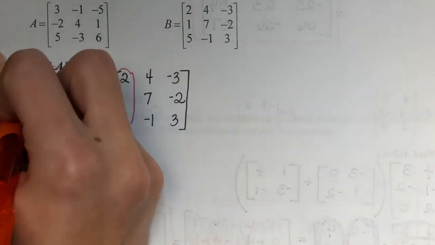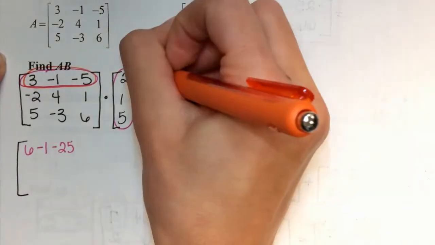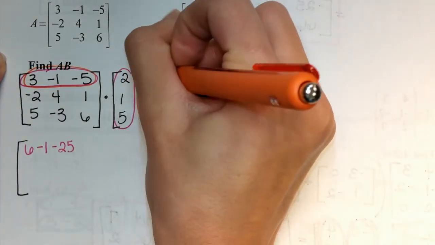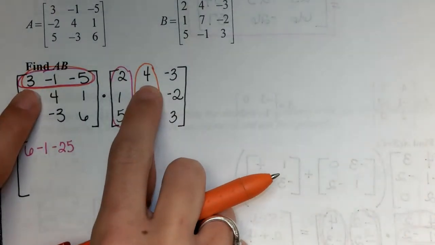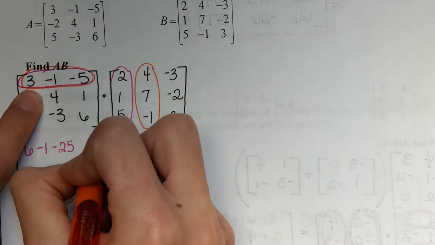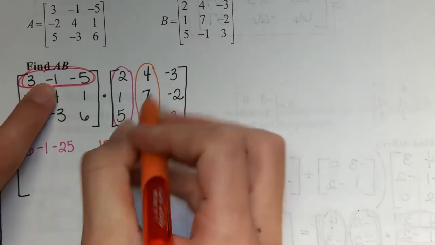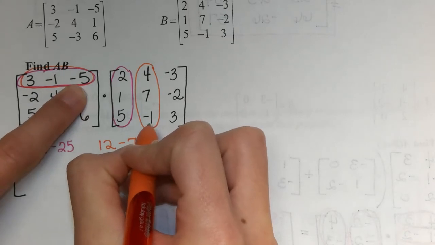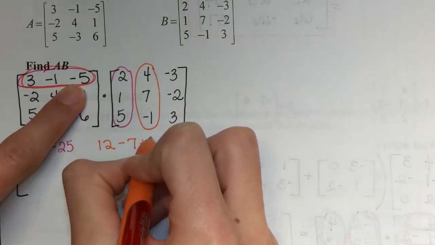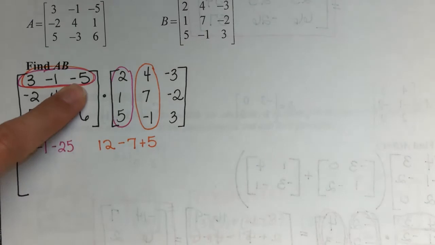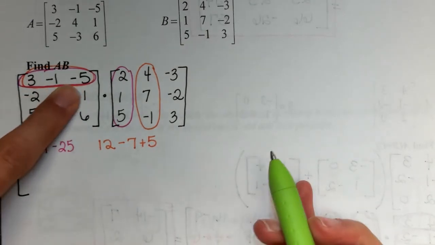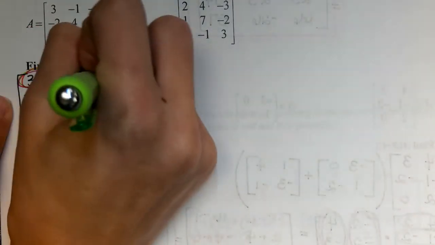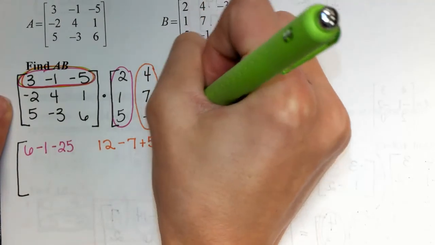Okay, first row, second column. 3 and 4 is going to give me negative 1 and 7. And then negative 5, negative 1. First row, third column.